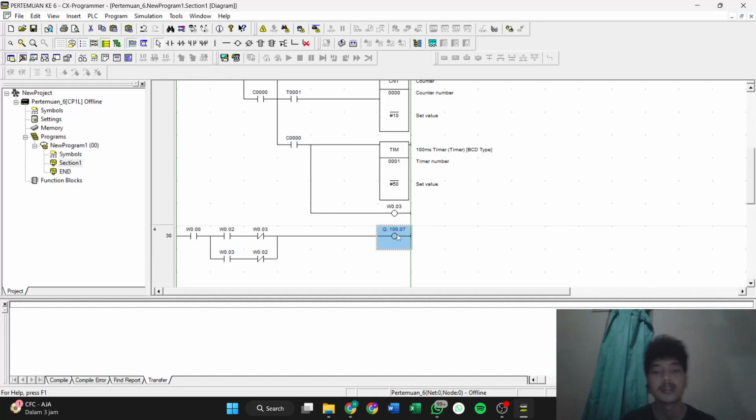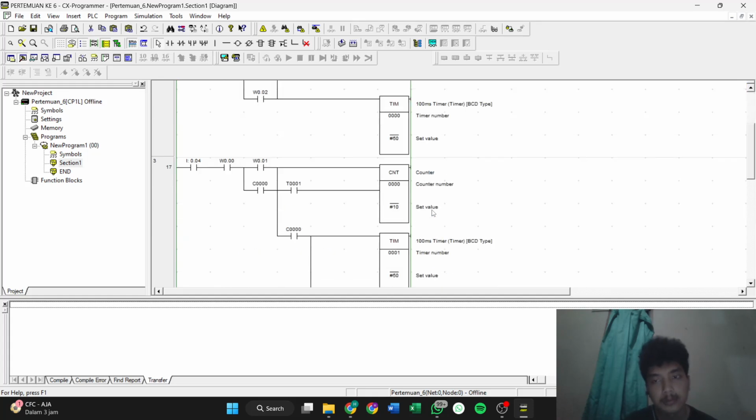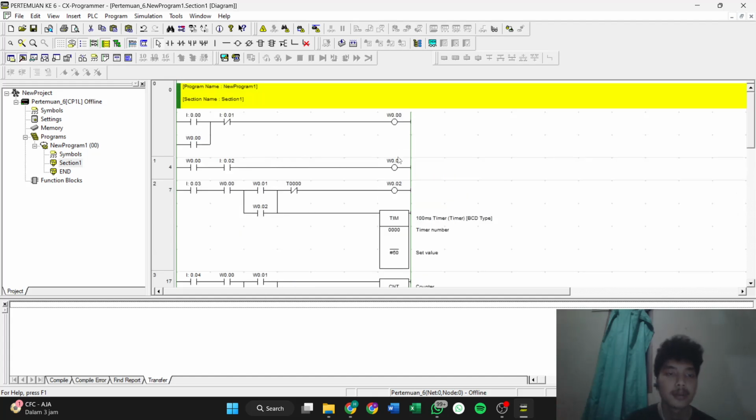This goes to the relay and solenoid valve, right? This is the ladder program.